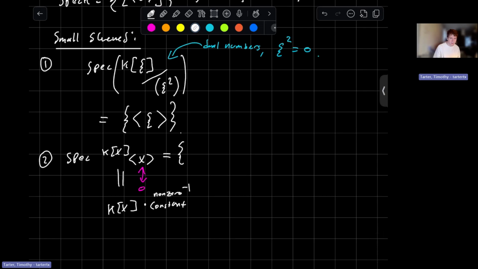And so basically any prime ideal has to be contained within (x). And so this looks like the zero ideal and (x).